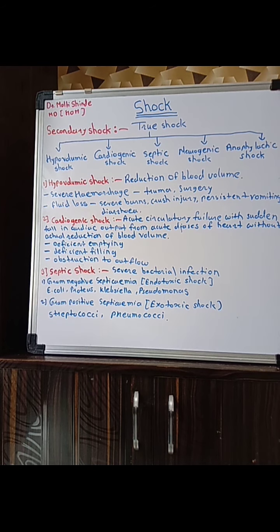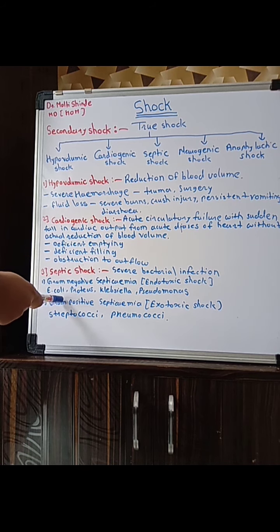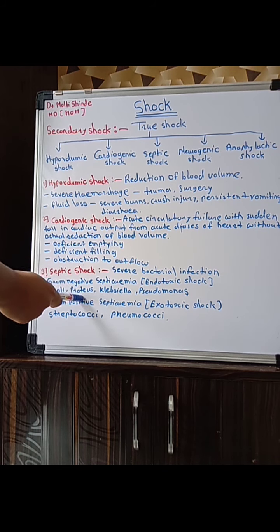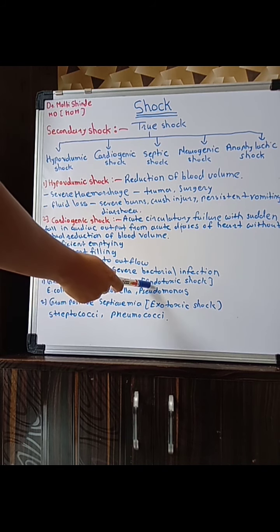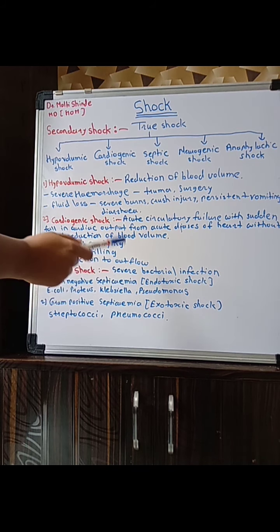It is also called endotoxic shock, and it is caused by bacteria like E. coli, Proteus, Klebsiella, Pseudomonas. These bacteria secrete endotoxin, and that endotoxin spreads all over the body and causes endotoxic shock, also called gram negative septicemia.